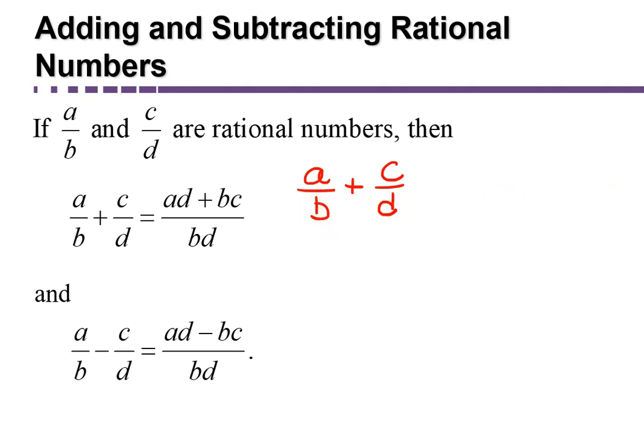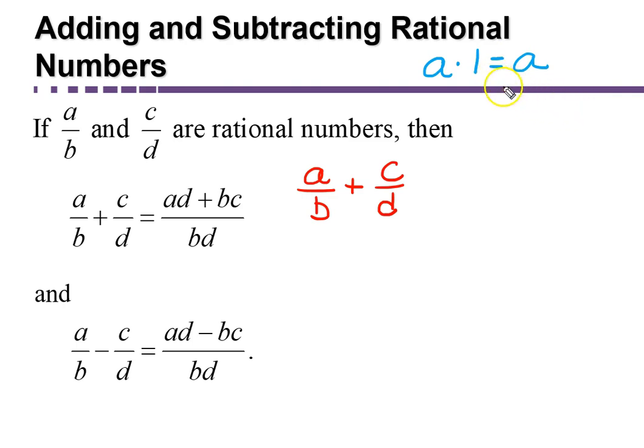So the technique for this, and I'll change colors, is, you recall from an earlier lesson that we are allowed to multiply anything by 1 and it doesn't change its value. But 1 can take many different forms.